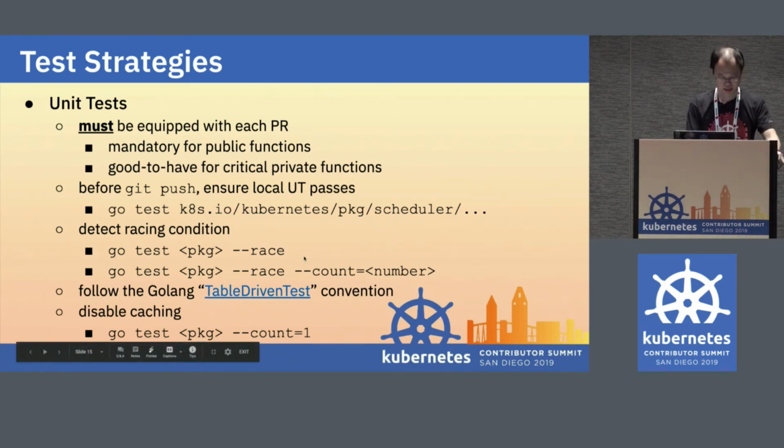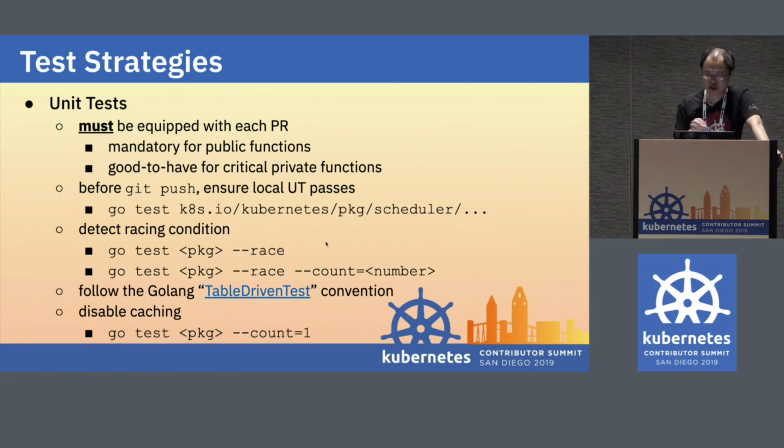I just list some tips here. My habit is that before git pushing, I run local tests to ensure all the tests pass. Otherwise, I don't want to spend time or resources on the test infrastructure for failing code.